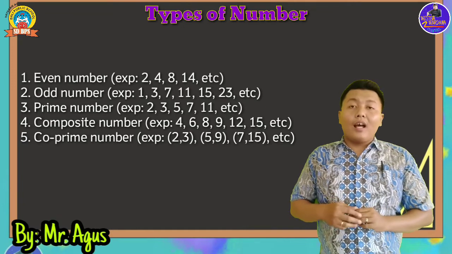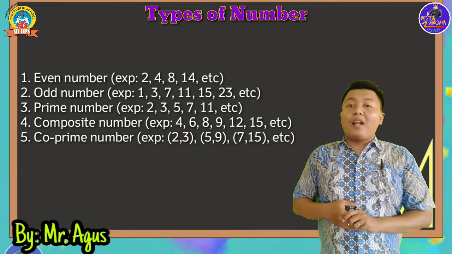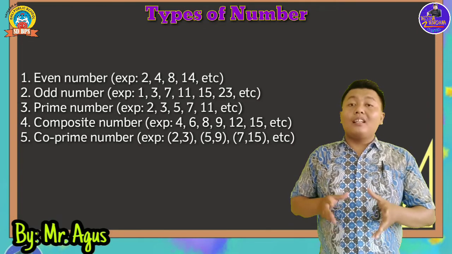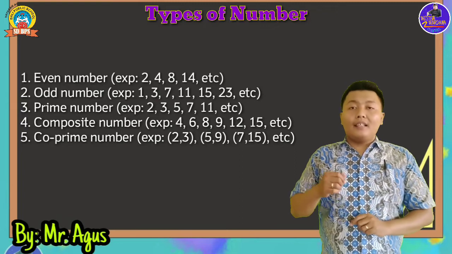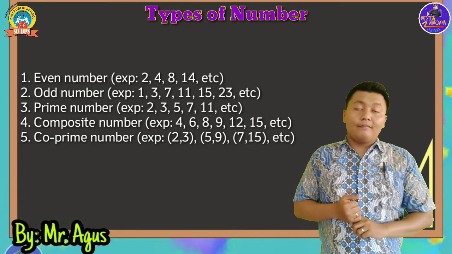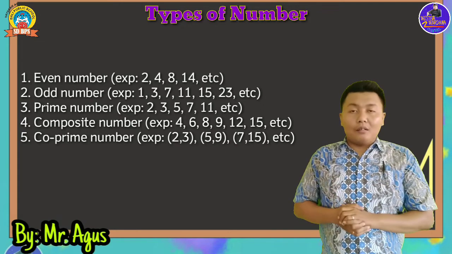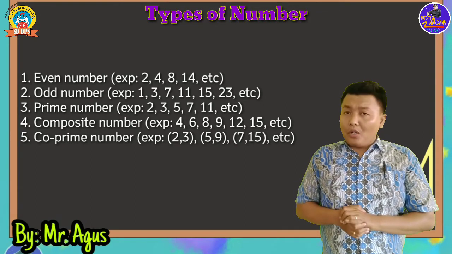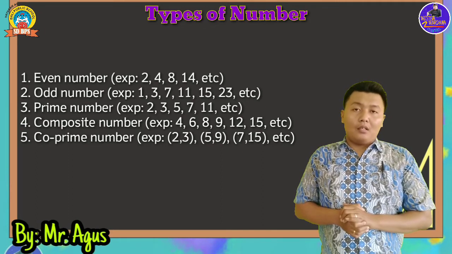And the third one is prime number. Prime number is the number that only has two factors, 1 and itself. The fourth one is composite number. Composite number is the opposite of prime number.